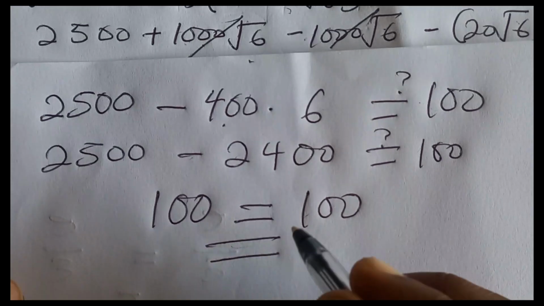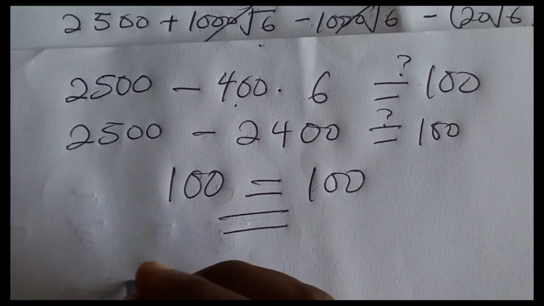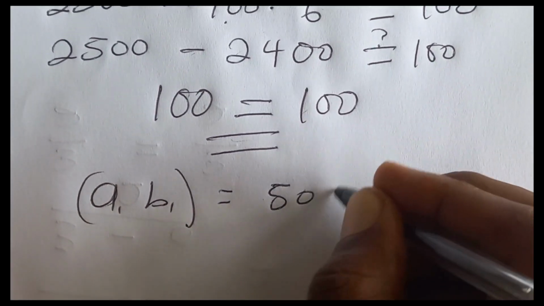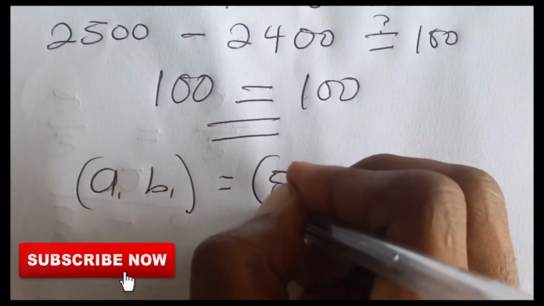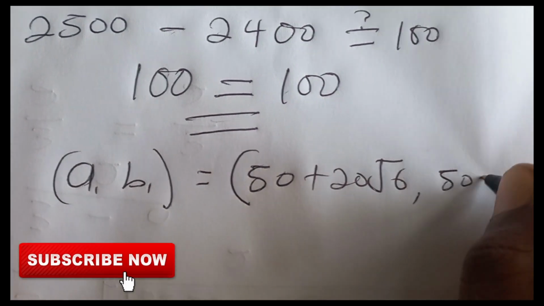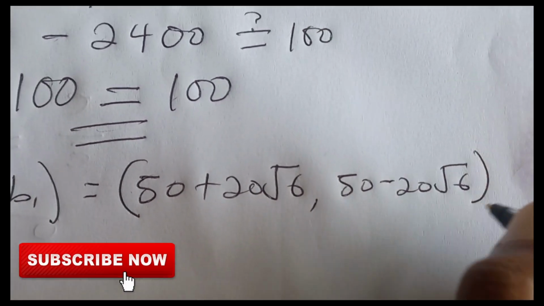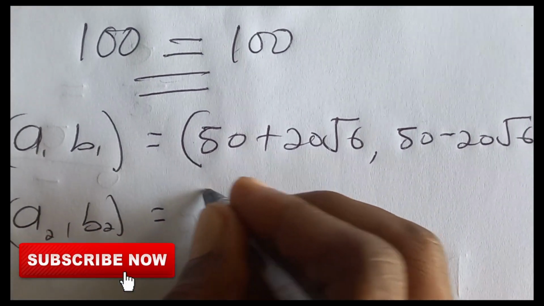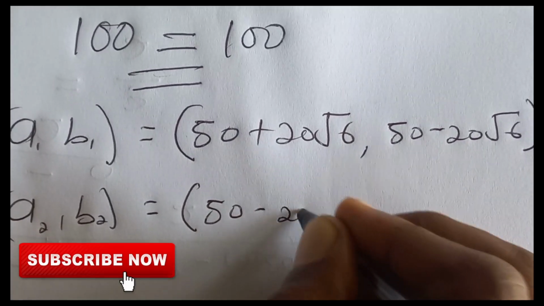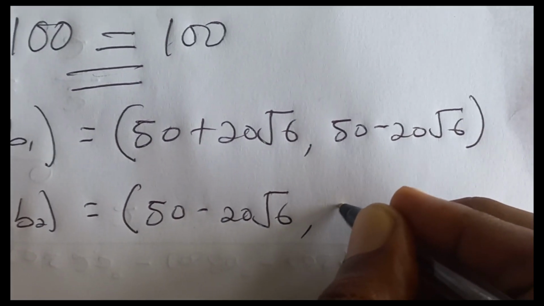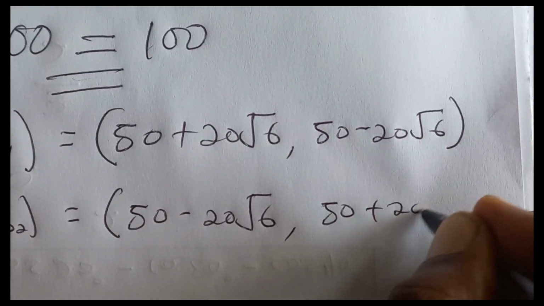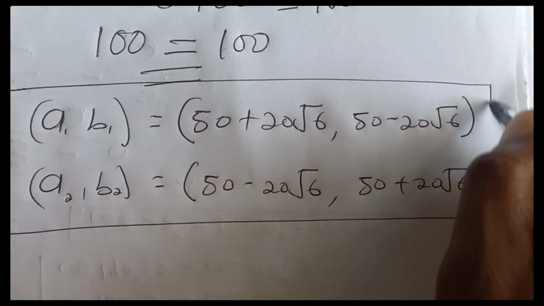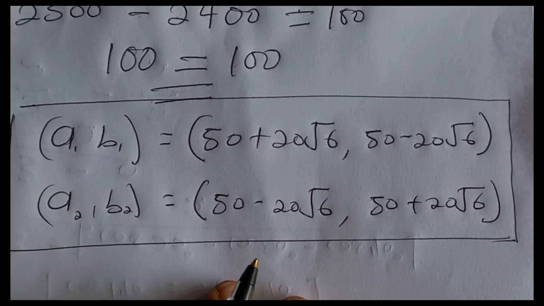So it means that our solution set, which is a1, b1, that was 50 plus 20 root 6, then 50 minus 20 root 6, then a2, b2, which was also 50 minus 20 root 6, then 50 plus 20 root 6, are the solution for the system. So it means that our solution is correct.